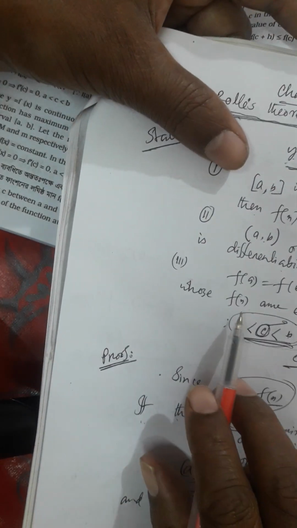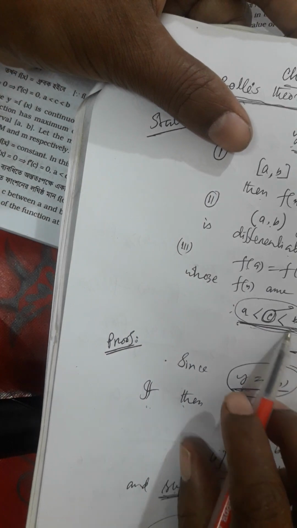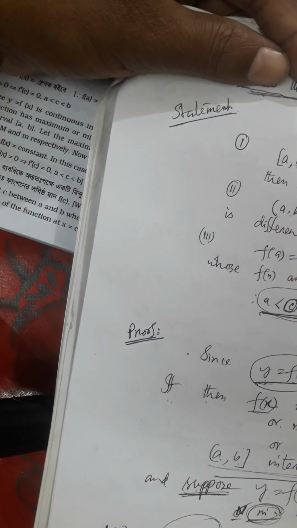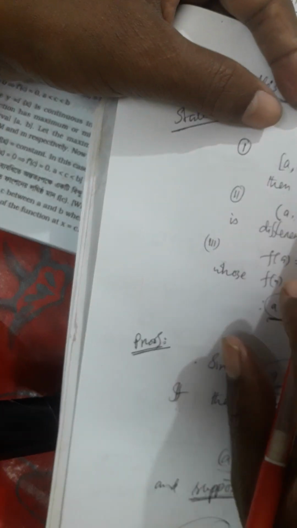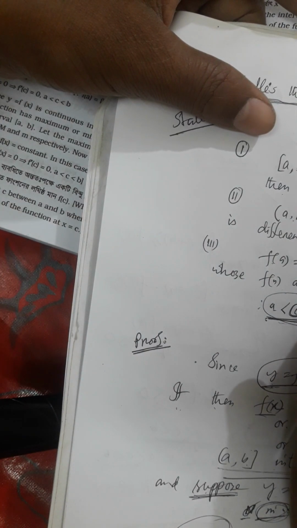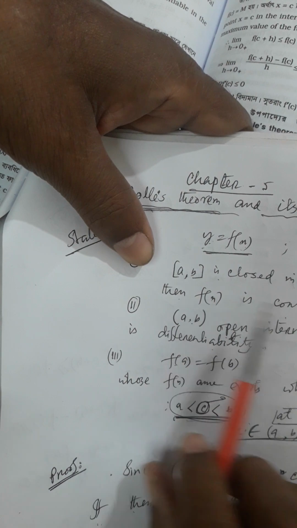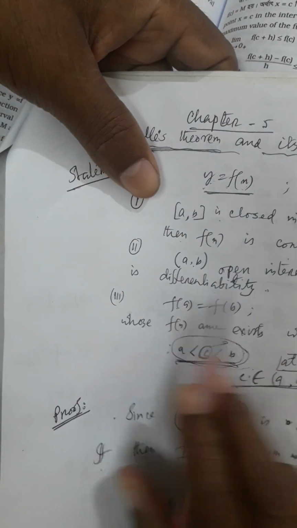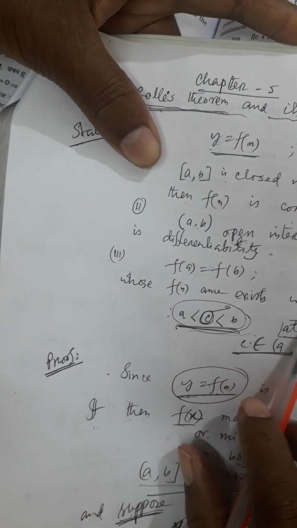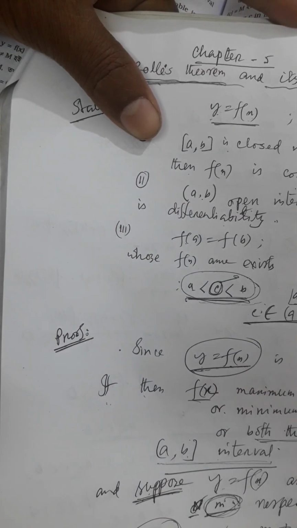Then f of a equal to f of b, where f of x exists, and then f prime c equal to 0, where c is a value in a to b, or c belongs to a to b. This is the statement.